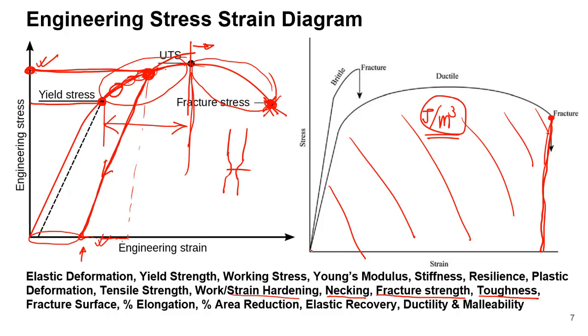If the strength is not very high, maybe the material is very ductile, like a rubber kind of material, it is not very tough because its strength is not very high, but it is very ductile. On the other hand, if the material is very brittle, you will find that for a brittle material this total energy is very small, so that is also not a very tough material. For a very tough material you require strength as well as ductility.